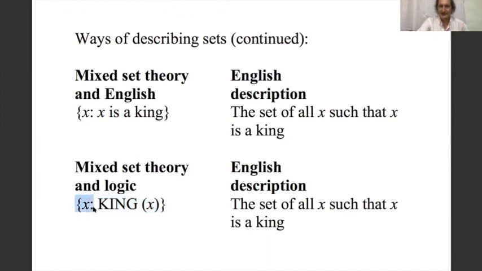This is part of our set theory. And again, it's not really a proper way to describe the set, but it's sometimes a useful way to describe a set. And we're going to use it too. It's a set of all x such that x is the king. We're going to use them both now informally to describe the sets that we want to refer to.